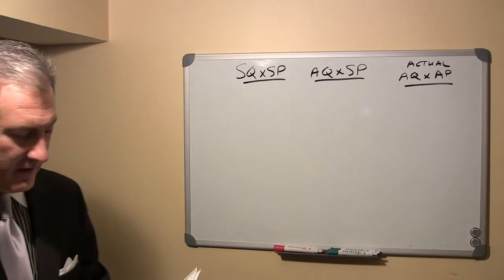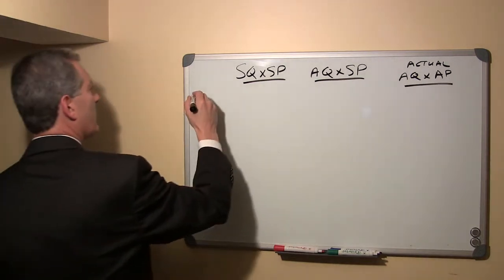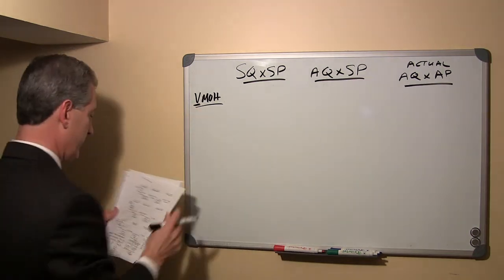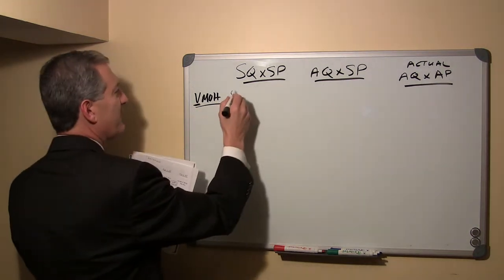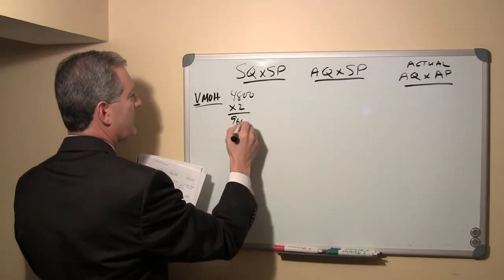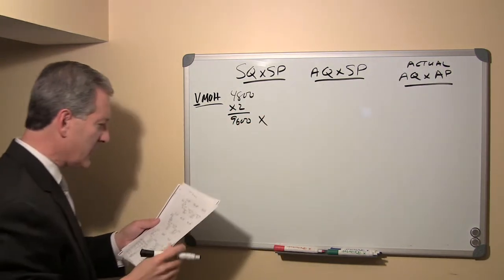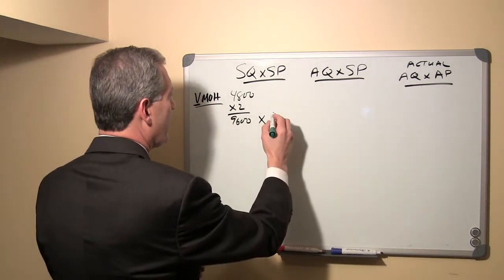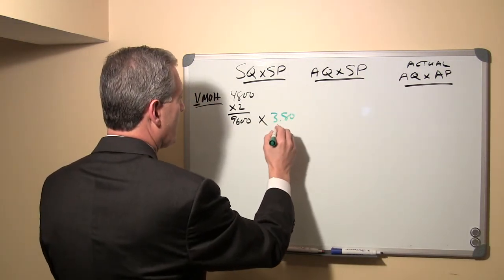Let's take a look at the variable manufacturing overhead. Variable. Again, we still have the same 4,800 units, 2 hours each for 9,600 hours, but the standard price is the predetermined overhead rate, $3.80.